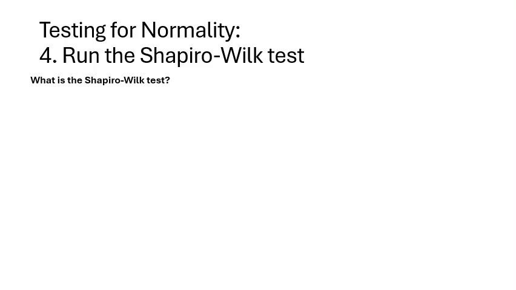The last thing that we're going to talk about is what we call the Shapiro-Wilk test. And we can't do this test in Excel, which is why I want you to test the other indicators first. This is a test that combines this information to see if your sample of data really deviates from a normally distributed population. It's actually a statistical test, so you'll get a p-value.